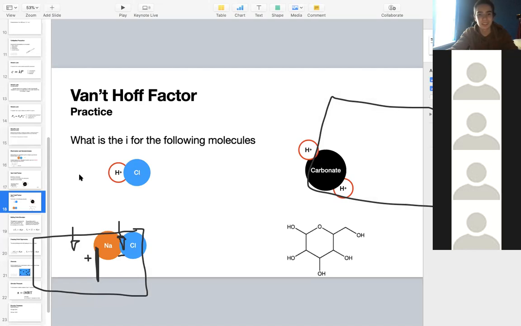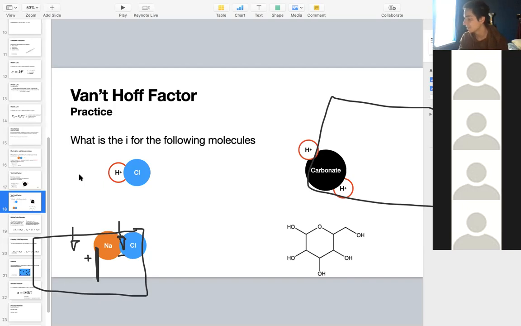I kind of did this late. I think I might have been snoozing off. But let's just say for the example that I have here on screen, we have 2 hydrogens and then 1 carbonate, and carbonate is 2 minus.